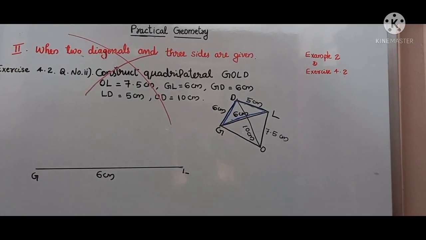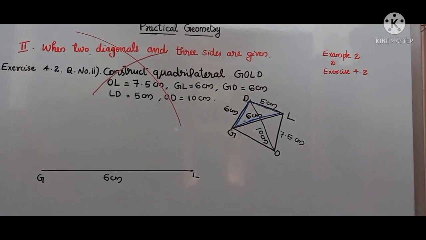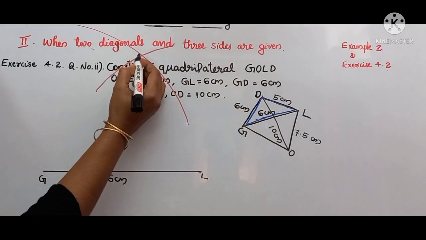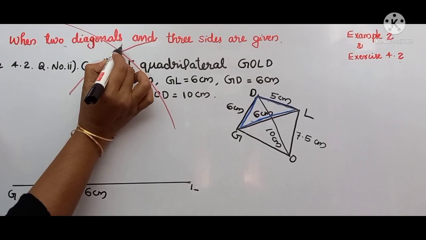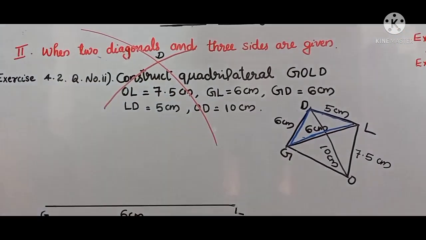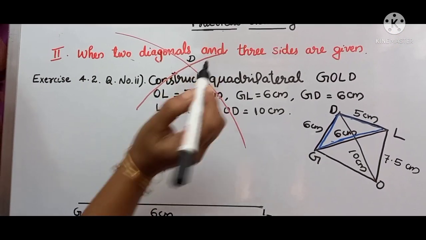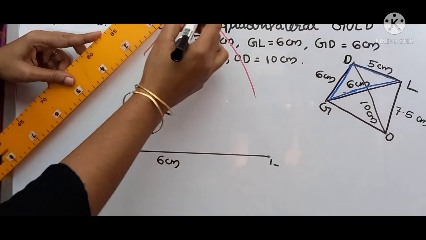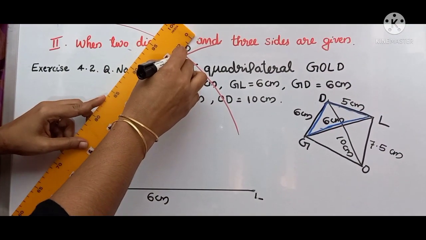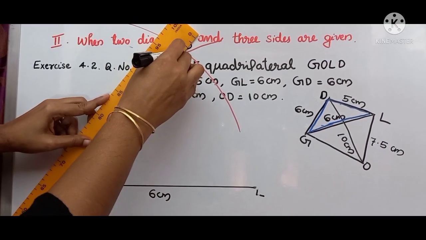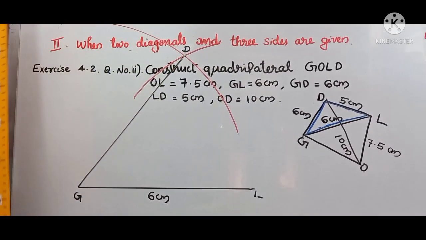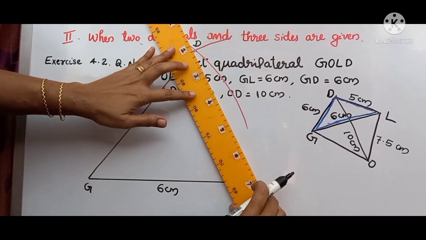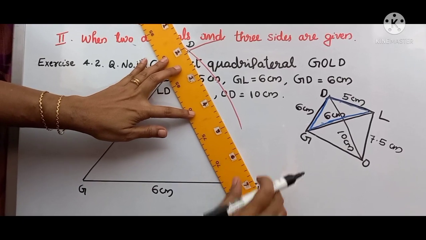Now we have got that point of intersection of these both, and this is the point D. Now we have to join this point D with G and L. So first we can join with G, and LD also we have to draw that line segment LD.